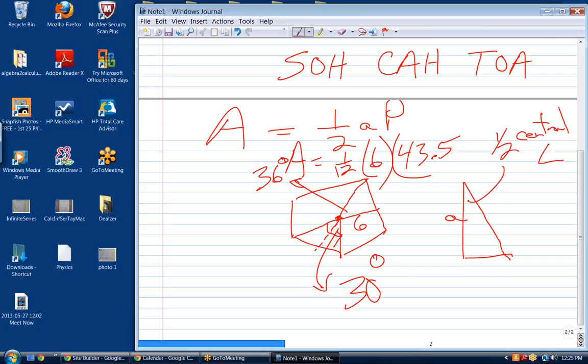If you know half the central angle and you know either the apothem or half of a side, because x is always 1/2 the side length, then you can solve this triangle. And once you can solve this triangle, you know both A and P at that point.